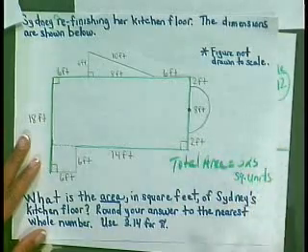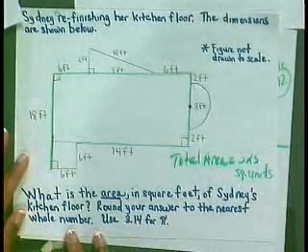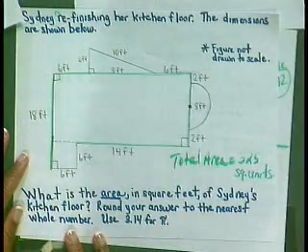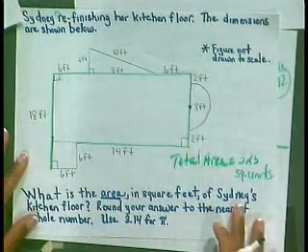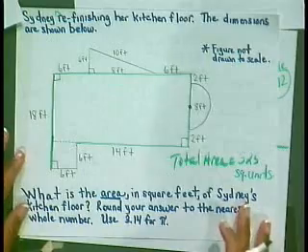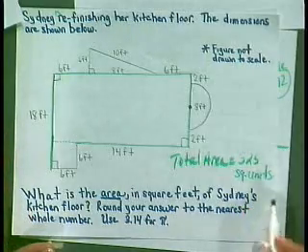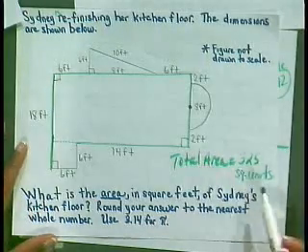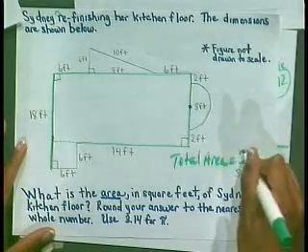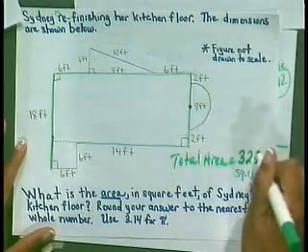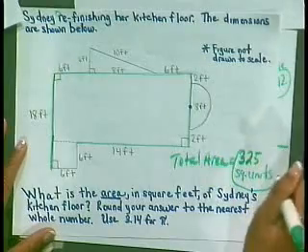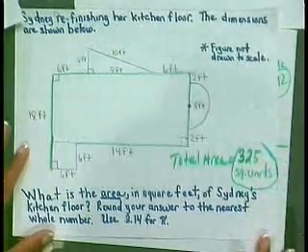Now remember, it asks us to round our answer to the nearest whole number. Although the exact answer was 325 and 1/10, rounded to the nearest whole number would be 325 square units for the total area of Sydney's kitchen.